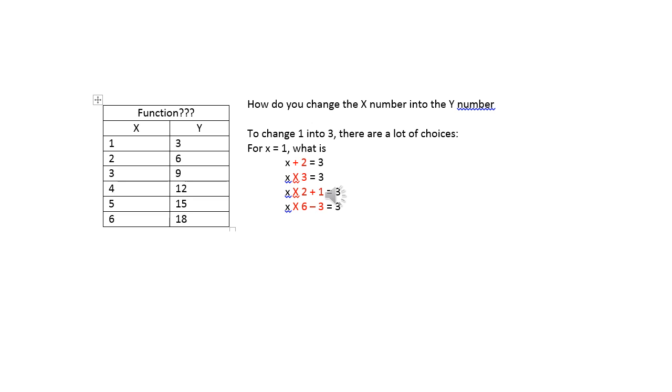The easiest way to do it is pick a nice easy number for x, like the 1, and then look at different choices you have so that you get the correct y output.